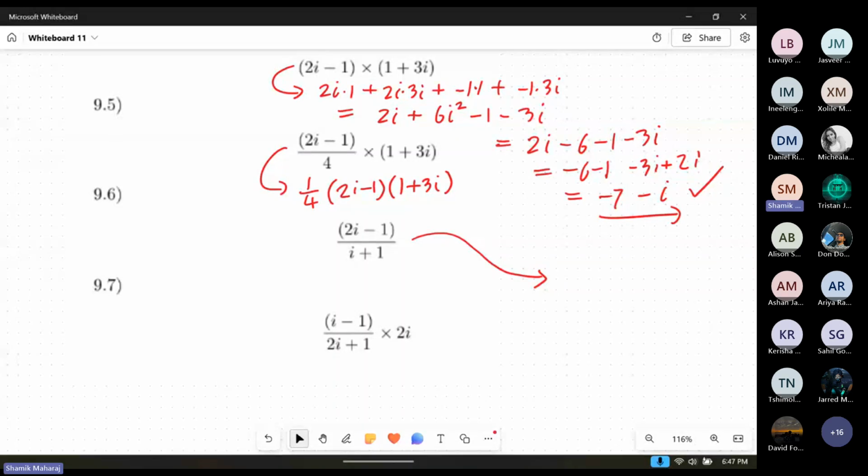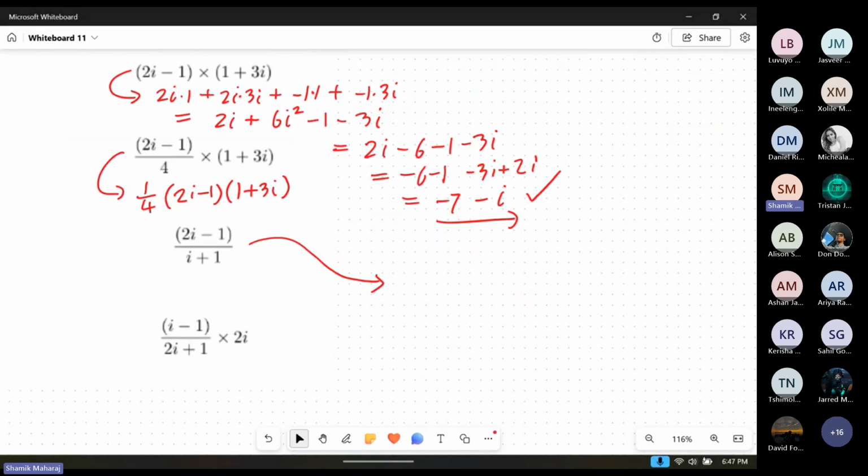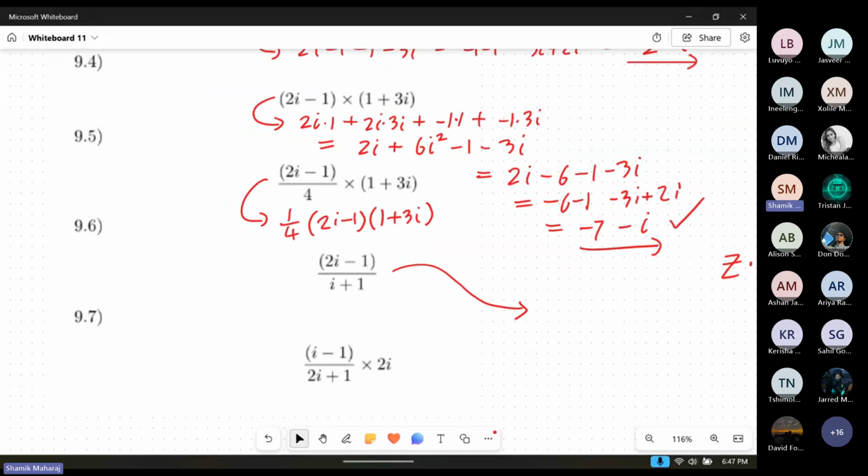And another thing I should mention is that it's known, and we can test it, that a complex number z multiplied by its complex conjugate always ends up giving you a real number. And that's a very helpful thing, because if you can get a real number at the bottom, it's kind of equivalent to 9.5. And in 9.5, we know we can get it to this form.